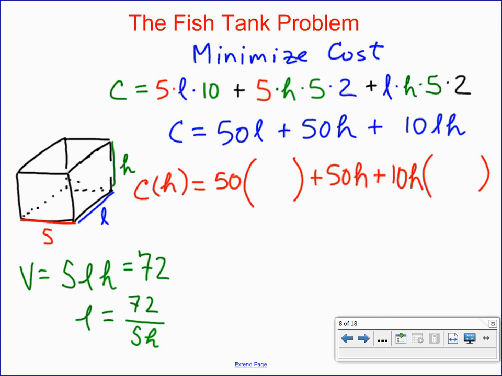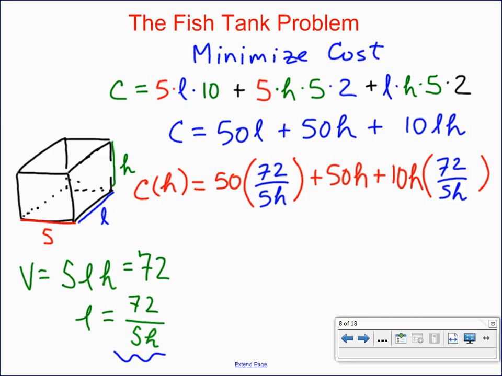What are we putting in for L? We're putting in 72 over 5H. Alright, so let's rewrite that so it looks a little bit prettier.